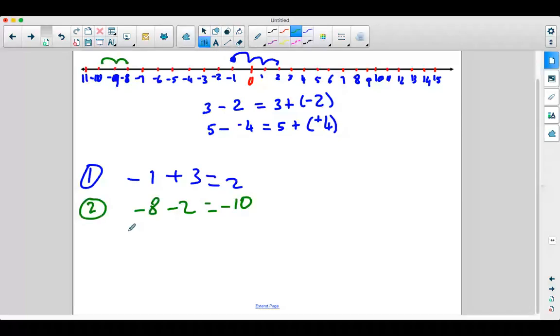So let's say that they told you to do negative 6 plus 12. Okay.